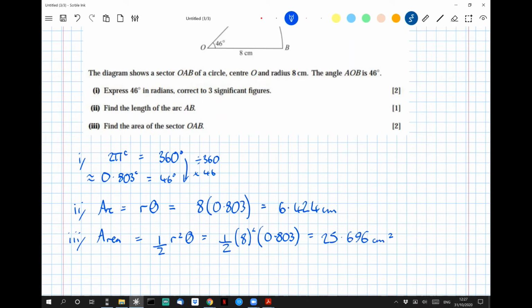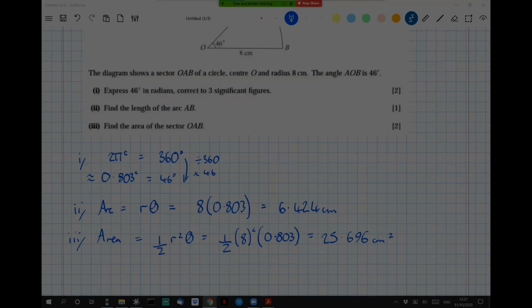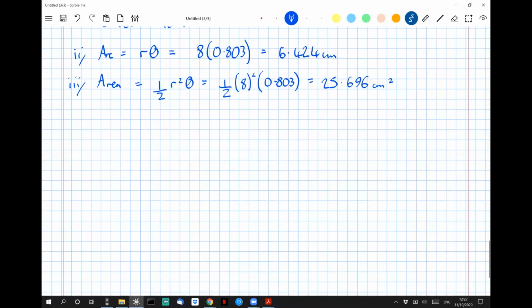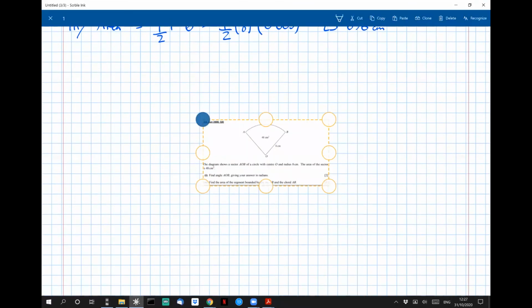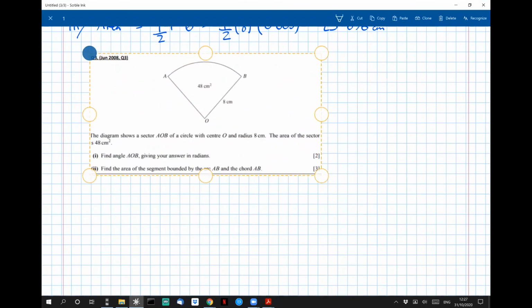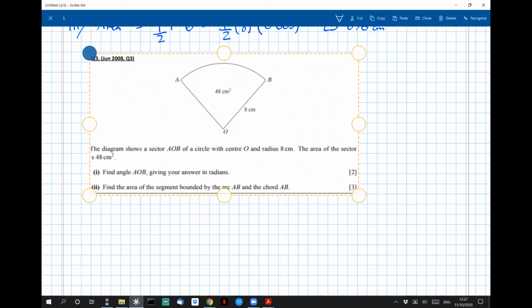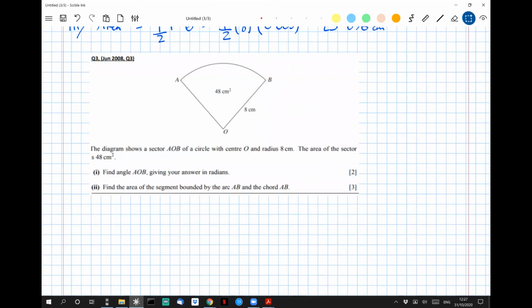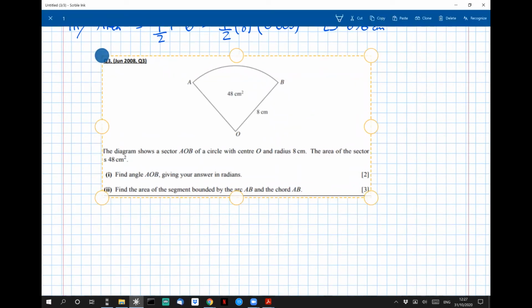So a nice straightforward question, but exam questions won't always be so straightforward. So for example, they could ask you something like this. A question where you're given information, you have to find values, what I'm going to call in reverse. So that one there.